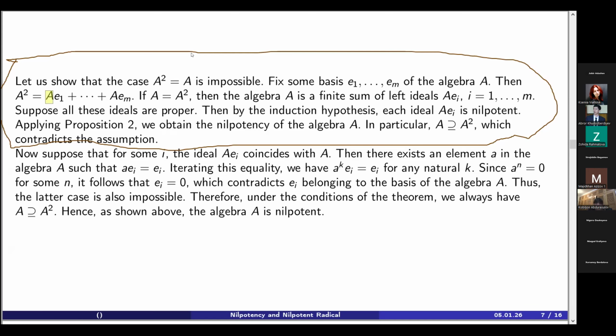То есть каждый А и нильпотентный, сумма двух нильпотентных идеалов опять нильпотентна. Поэтому сумма некоторых m нильпотентных идеалов тоже нильпотентна, то есть А квадрат нильпотентна и А сама тоже нильпотентна. Мы думали, что невозможно, но получилось возможно. Вот такое противоречие. Понятно, да?